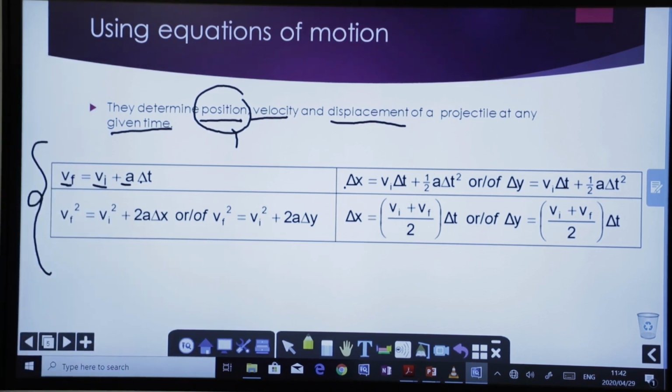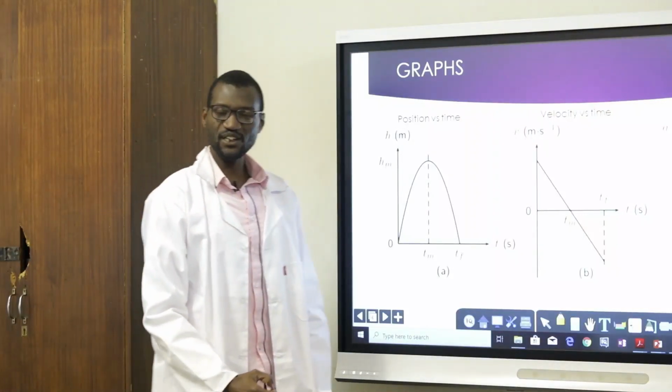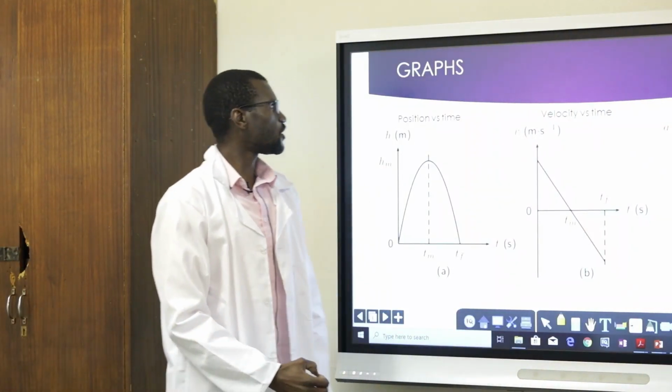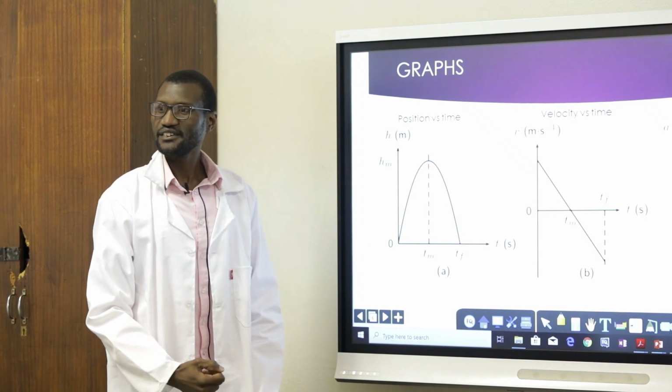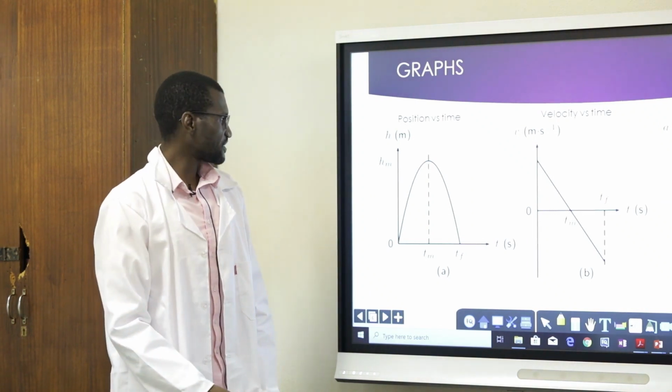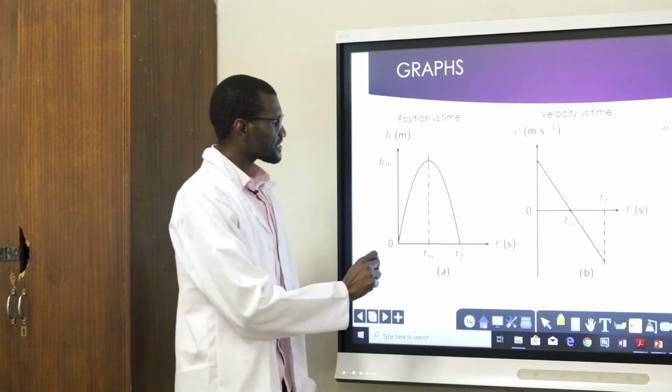For us to understand better, I'm going to look at graphs of projectile motion. Imagine an object.